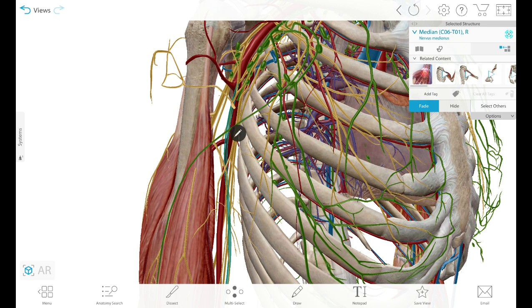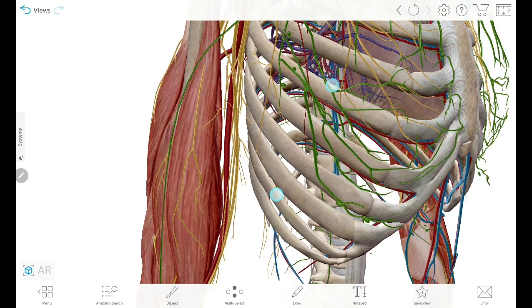So this in red over here is the axillary artery, and you can see that the median nerve is currently shaded in blue, and it is lying lateral to the axillary artery. Then it comes to lie in front of the axillary artery, and then it crosses the axillary artery and comes to lie medial to the axillary artery, and then it descends in the forearm.